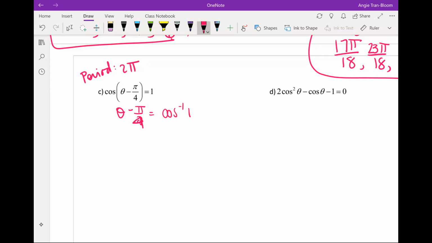Where is cosine inverse of 1 at? 0? How come I can't use 2 pi? Because it's non-inclusive. In the instruction it said non-inclusive 2 pi. So you're right, this is immediately 0. So theta minus pi over 4 is 0. Now I'm just going to solve for theta by adding pi over 4 to both sides. So the final answer is just that.